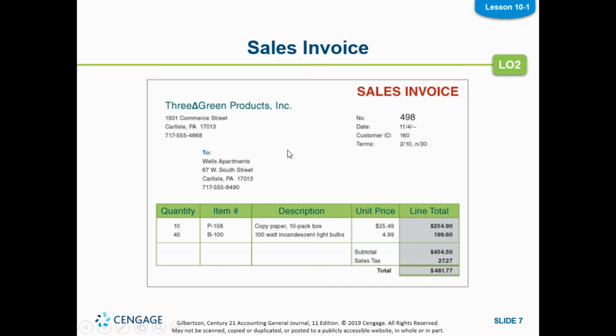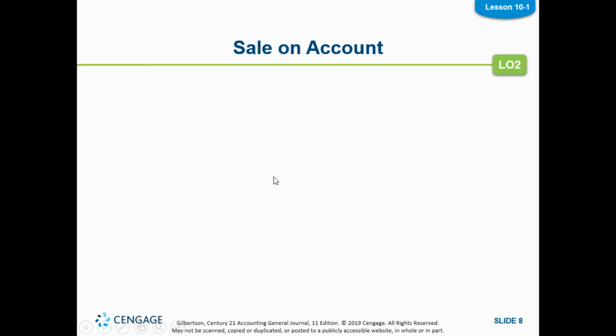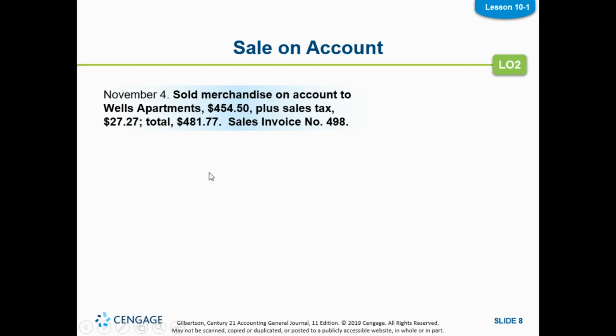All right, sales invoice. So a sale on account, we're going to record this. Here we have sold merchandise on account to Wells Apartment for $454.50. Okay, we're going to add sales tax of 2.5%. No, I don't know. How about 5%? We're going to add sales tax of 5%.